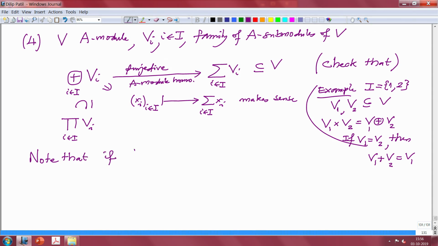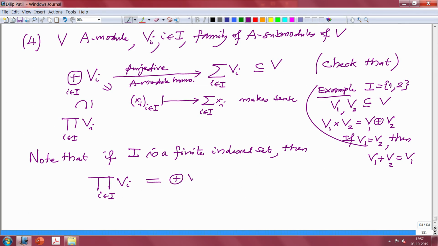So, finally, also note that if I is a finite index set, then this direct product is the same as the direct sum, and we will also use this notation V1 cross ... cross Vn, the same thing as V1 direct sum V2 direct sum ... direct sum Vn.